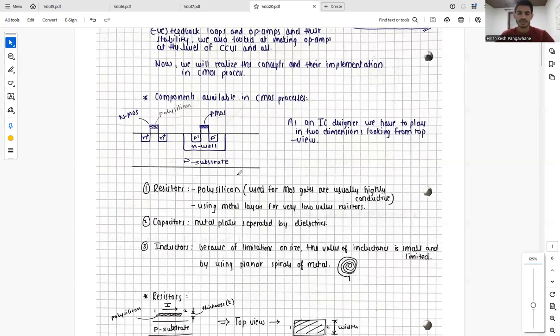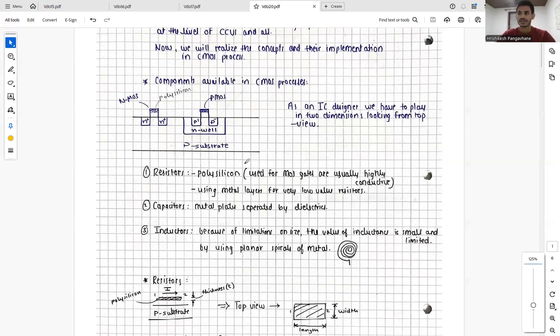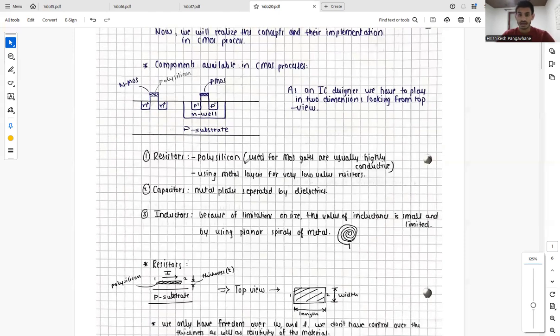It might contradict the sentence, but if there are metals, we can use those metal layers to make a very low value of resistors. Again, we have capacitors. So we use metal plates which are separated by dielectrics, and we have inductors.